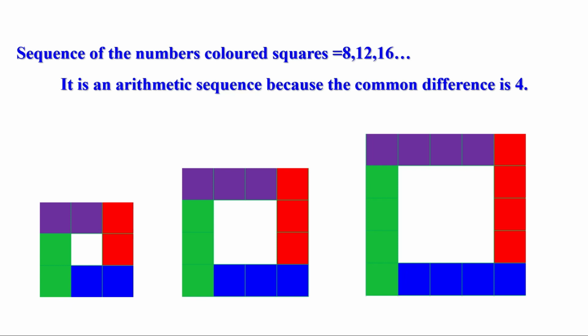Let us take 4 squares and form a rectangle. So there are 4 equal rectangles in which there are 4 colored squares. So the total number of colored squares is 4 into 4 or 16. In this way you can count the number of squares easily.